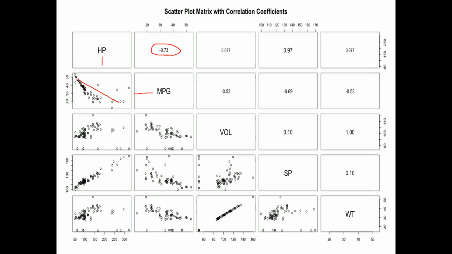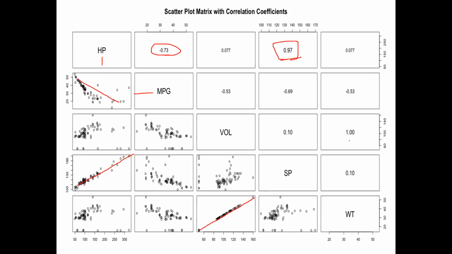So that is your R value, small r, the correlation coefficient. Let us see what the correlation coefficient value is for HP and SP. It's 0.97 there. There's a high correlation between these two variables. And there's absolutely perfect correlation between volume and weight.